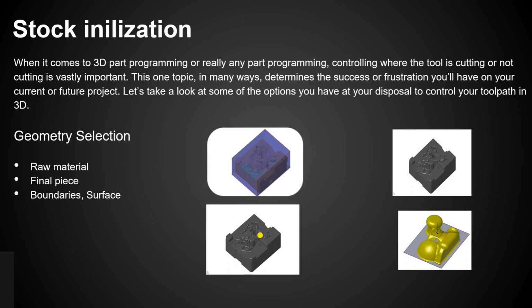So what we will do is define the particular area, 5 or 10, and the toolpath will generate according to that part only. The third one is that we have to generate the boundaries or surface where we have to run the parts. This is the stock analysis.